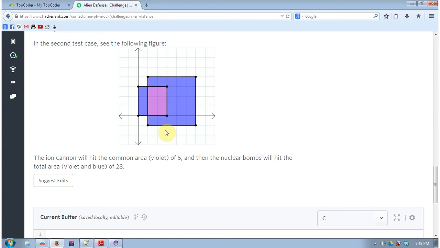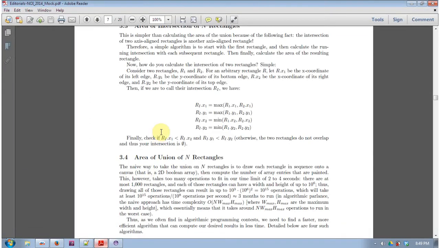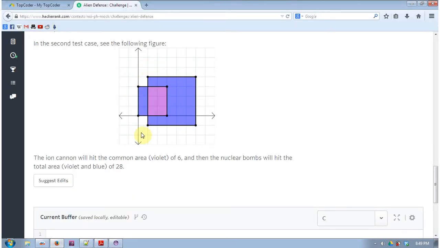This would be part of the intersection. A given condition is that ri x1 is less than ri x2. The value of this one should be less than this one, otherwise the intersection would be 0.